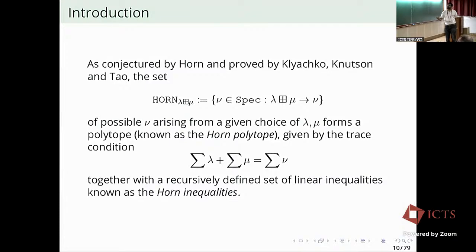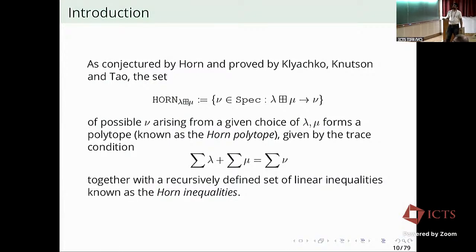So it's this polytope of all possible nu arising from a given choice of lambda, mu, and it is given by one equality constraint, which is the trace constraint: the trace of lambda plus the trace of mu must equal the trace of nu, together with a recursively defined set of linear inequalities known as the Horn inequalities. Now there's an exponential set of these inequalities, which are difficult to describe directly. They can be written down, but they are a bit complicated.